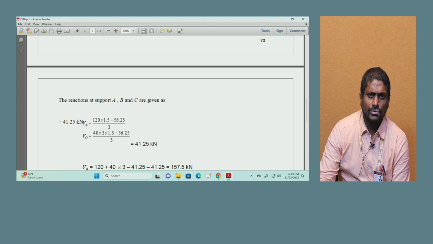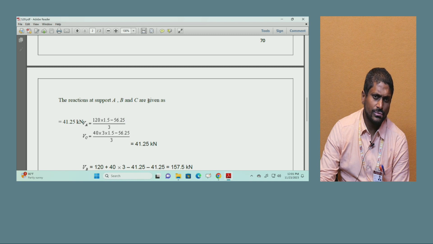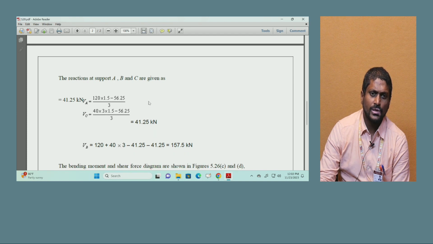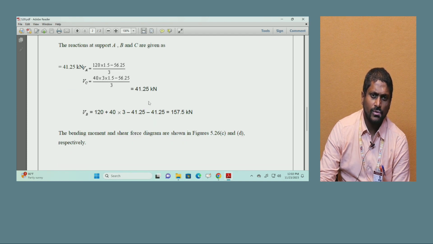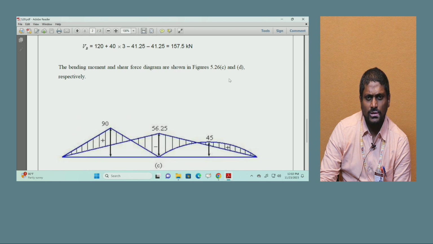VA equals 120 into 1.5 minus 56.25 by 3 equals 41.25 kilonewtons, and VC equals 40 into 3 into 1.5 minus 56.25 by 3 equals 41.25 kilonewtons. VB equals 120 plus 40 into 3 minus 41.25 minus 41.25 equals 127.5 kilonewtons. The bending moment and shear force diagrams are shown below, respectively.